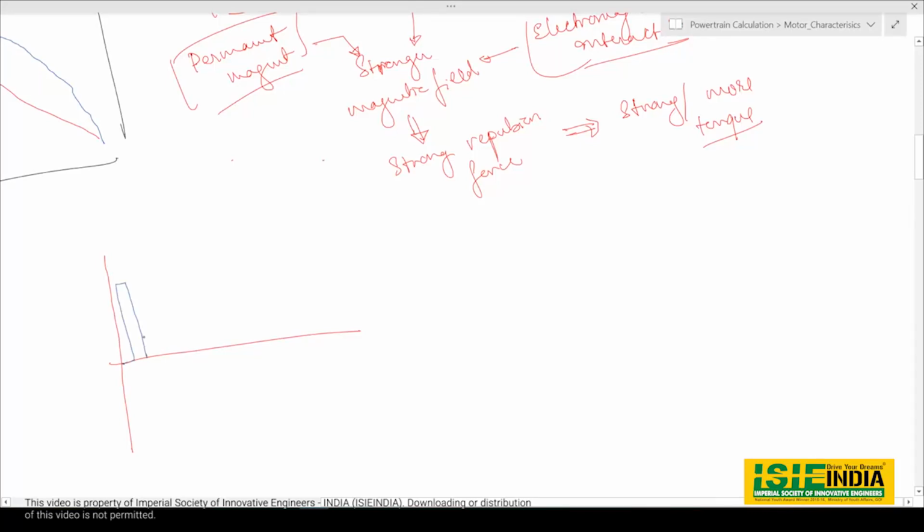Because for motor to work you need varying magnetic field, right? Now a DC current is constant in value, right? So you don't have varying magnetic field over here. So in that case what we'll do, we will give pulses of DC current. So immediately the current will spike, then come to zero, then spike, and then come to zero. So accordingly the magnetic field will increase or decrease, right?